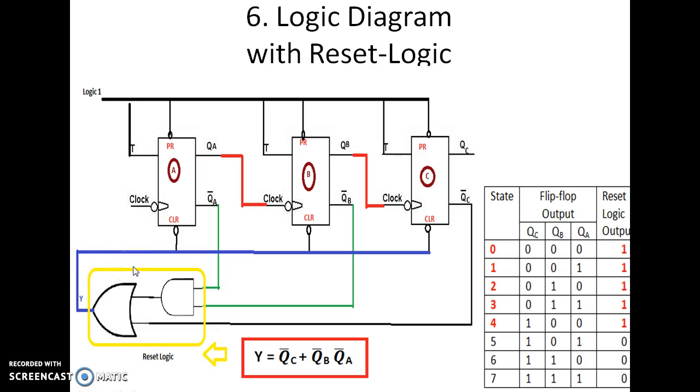The need for reset logic in the modulo n counter can be made clear from this example. For every modulo counter, you will get a different equation for your output Y. Depending on the truth table, you can easily write down the equation with the help of K-map simplification.